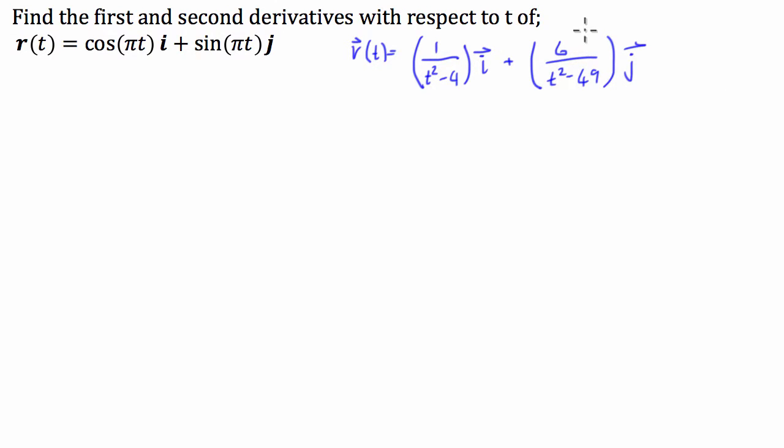So that's a little bit of an example of where you'd get domains which aren't just all real numbers of t.